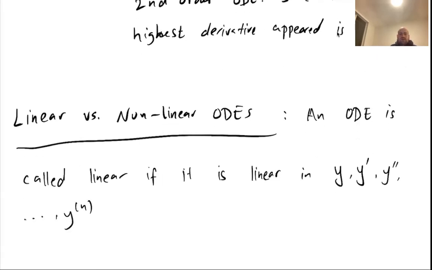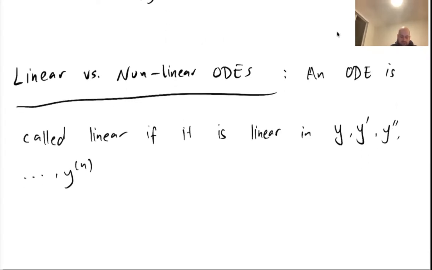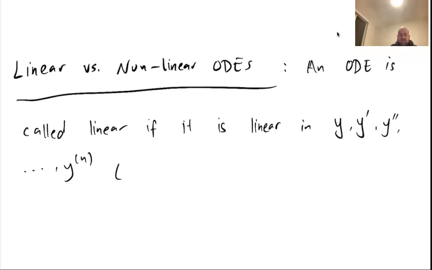So it has to be linear in y and all derivatives of y. We are not allowed to have, for example, y squared or y prime squared, or square root of y prime, or sine y, cos y. These things are not allowed. It has to be linear in y, y prime, y double prime, all the way to the nth derivative, but not necessarily linear in x.